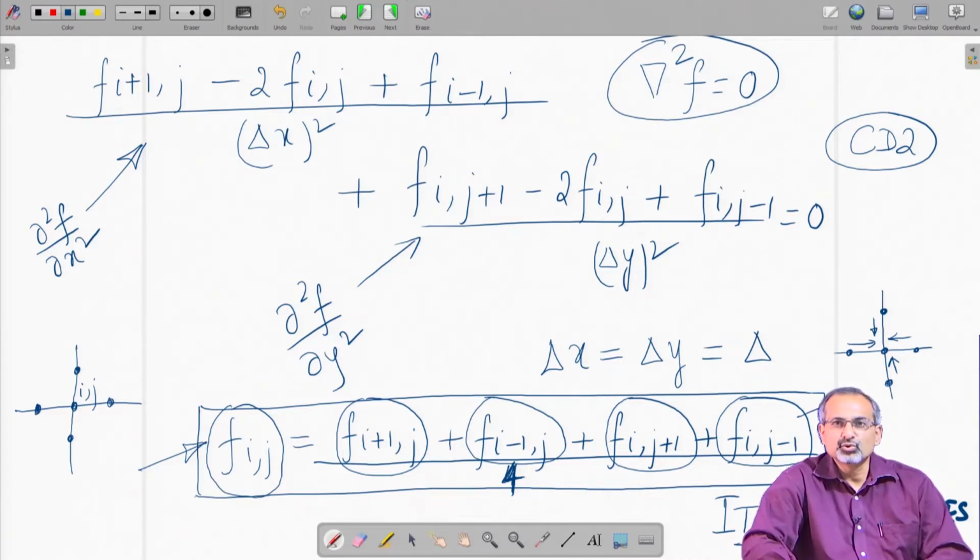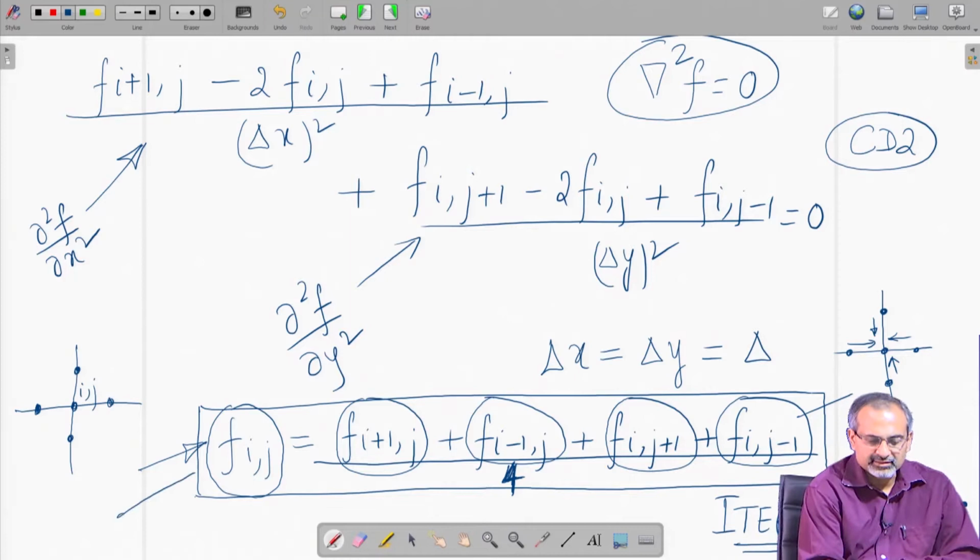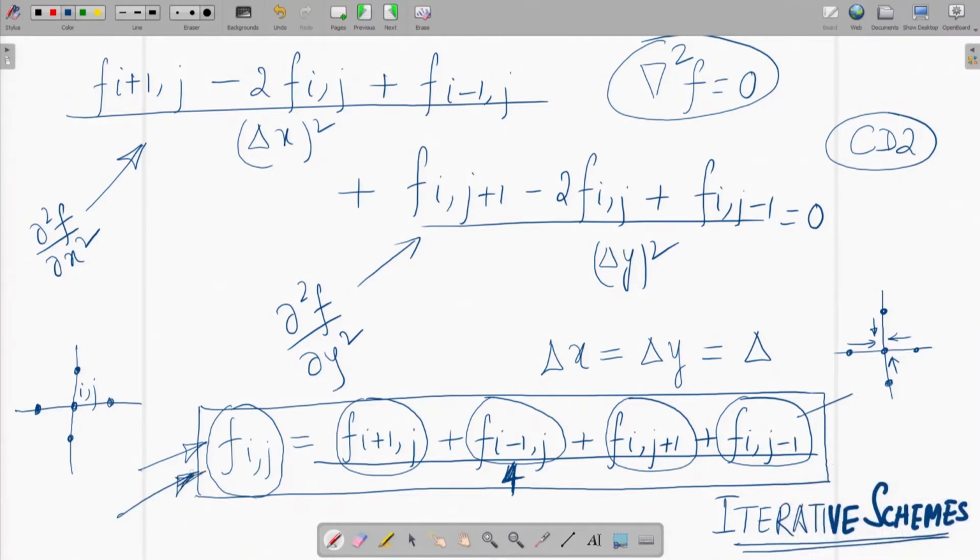And as you do so, the functional value at each grid point i j would evolve gradually from an initial guess value to the final equilibrium value, and as it gets updated, it gets equally influenced by all the neighboring grid points, and that is precisely what this equation is talking about.